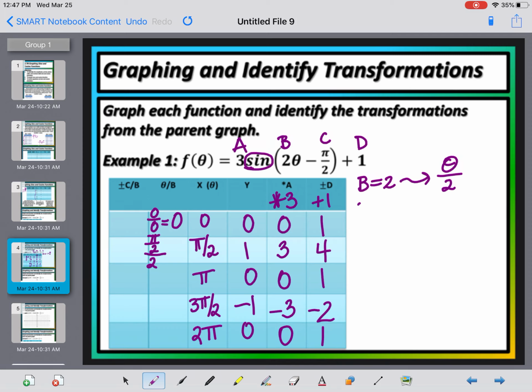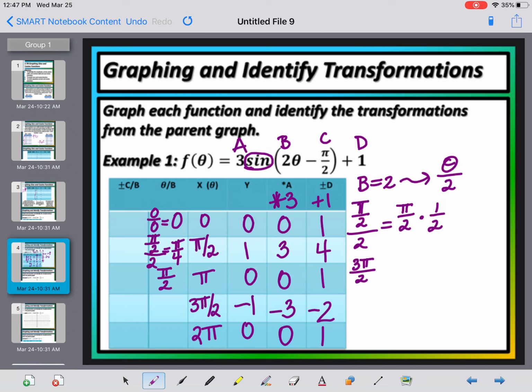Pi over 2 divided by 2. Well, how are we really doing that? Multiplying by the reciprocal is the same thing there. So this is pi over 4. Then pi divided by 2.